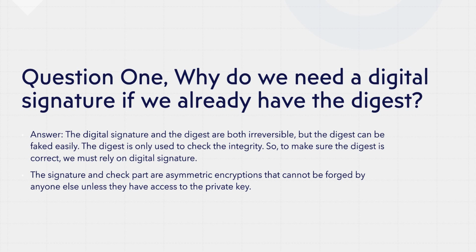So we need to encrypt the digest so that other people can't fake it. The signature and check part are asymmetric encryptions that cannot be forged by anyone else unless they have access to the private key. So if somebody can decrypt the signature and check, then we know that they're trustworthy because they have the right private key.